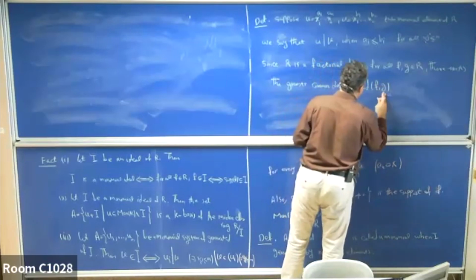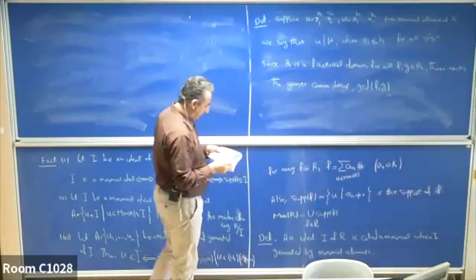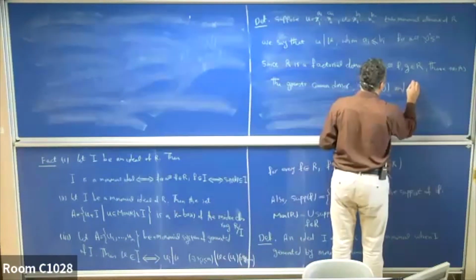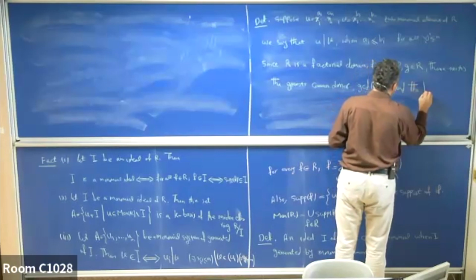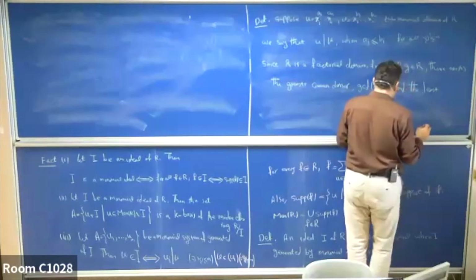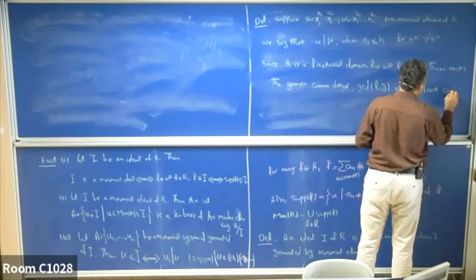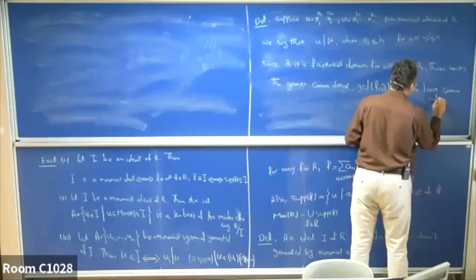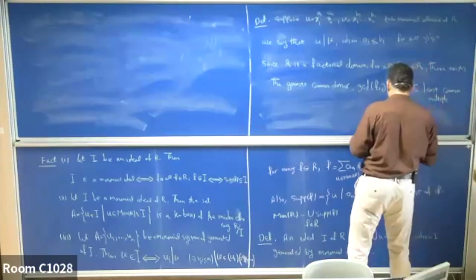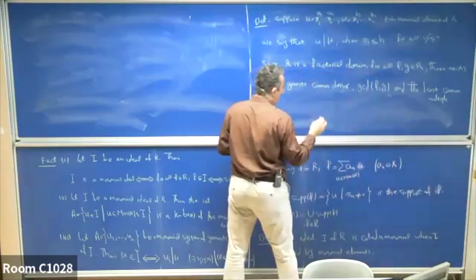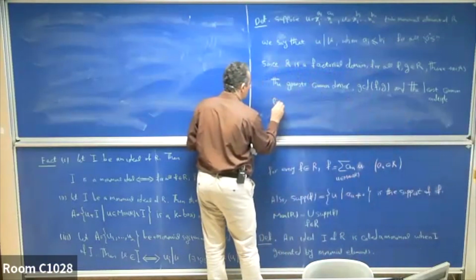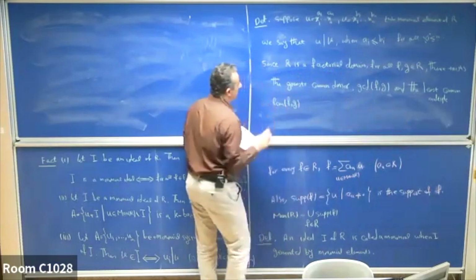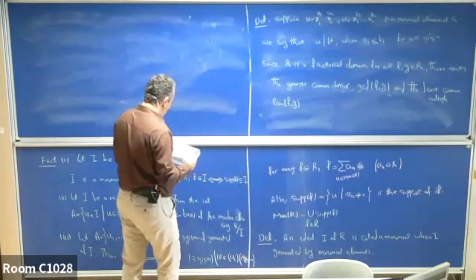This element exists because this is a factorial domain. And also the least common multiple, the LCM. These two elements exist because R is a factorial domain.